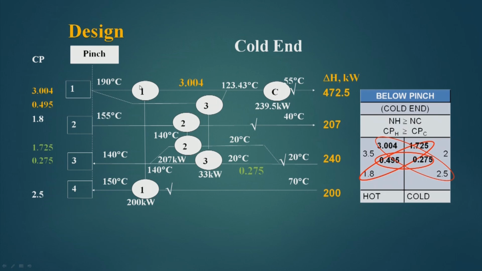Similarly, this is 190. So, if you do this, 190 minus 123.43 into 3.004, this will be around 200 kilowatt. So, this part of the stream is ticked off.